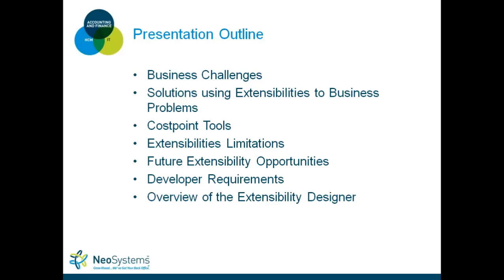This is critical, because a lot of times people think that if you have somebody who has a Java or a database background, they can just start doing extensibilities or working on web services and things like that. And it does still require a strong background with the Deltek products and understanding how procedures and works. And we'll go through that in some detail. And then I'll do an overview of the designer itself, and we'll take a look at that.